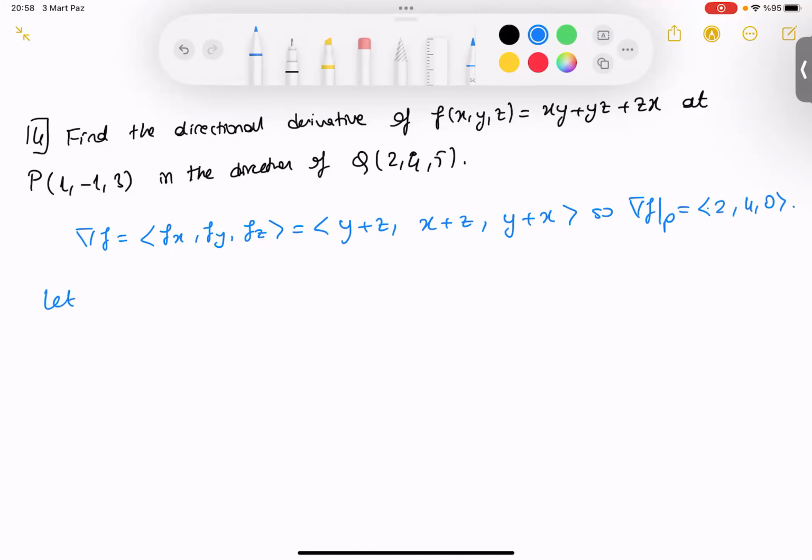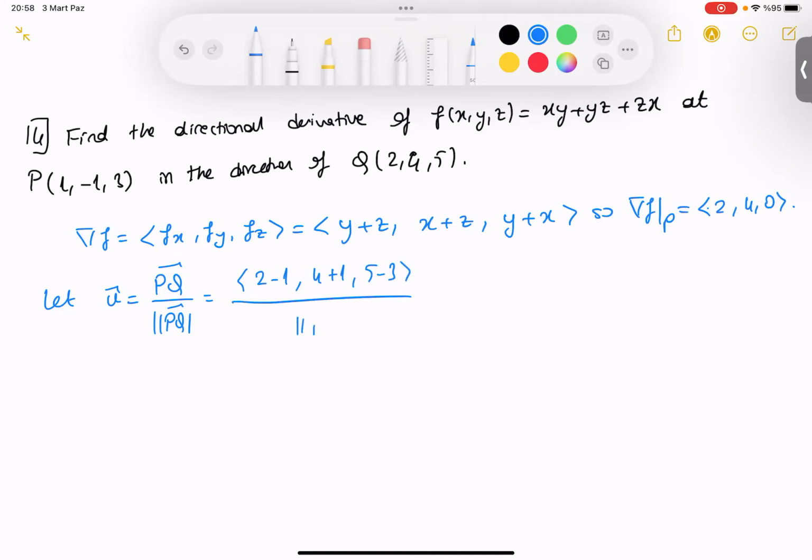So let u, now you write it in this form. Okay, so you have what? We write it in this form: 2 minus 1, and 4 minus minus 1, 5 minus 3.